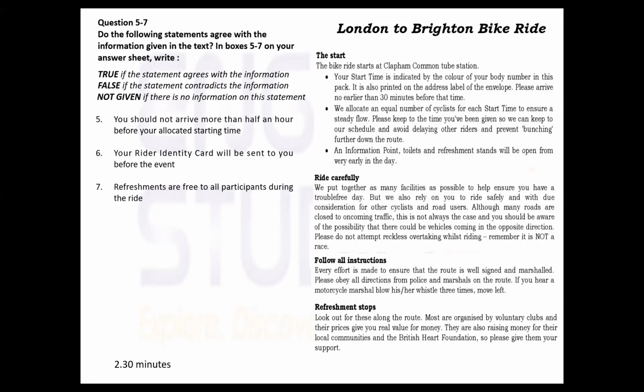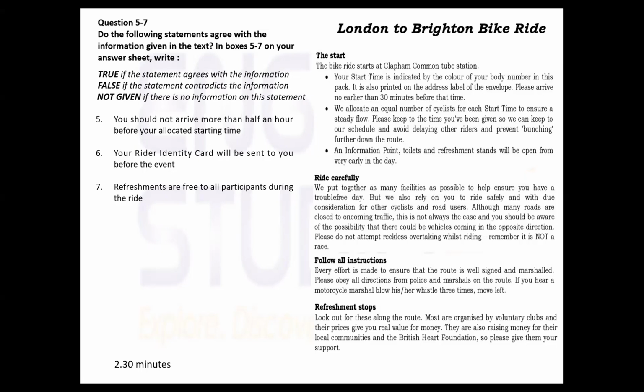Okay, so you spot it. Actually you spot the correct sentence that contains the keyword. Here we have arrive more than half an hour, and here we have 30 minutes before the time, half an hour before your allocated starting time. But unfortunately, the answer is not.